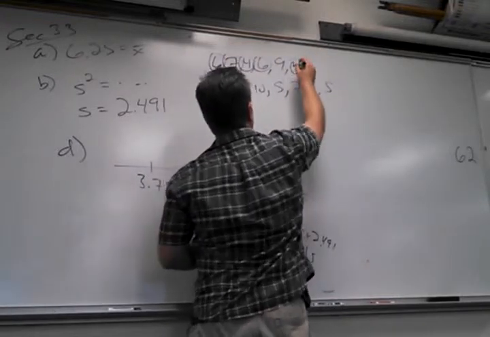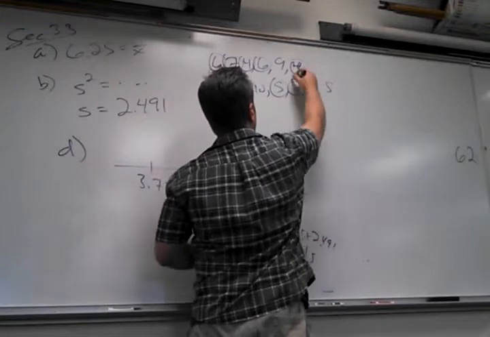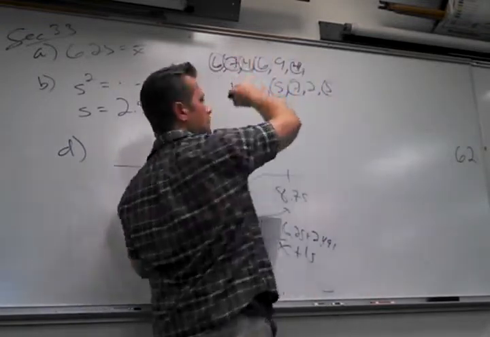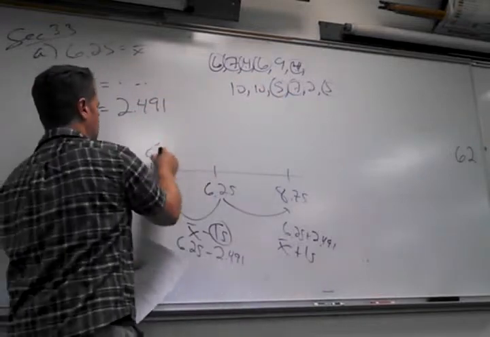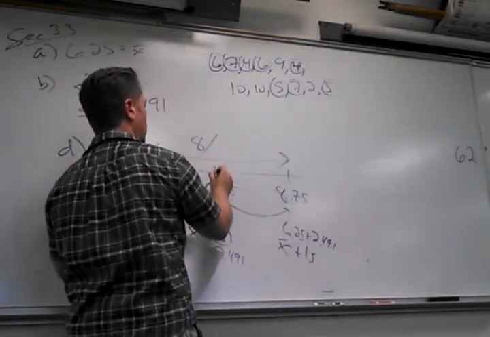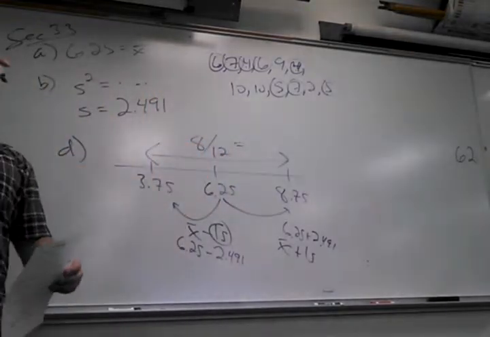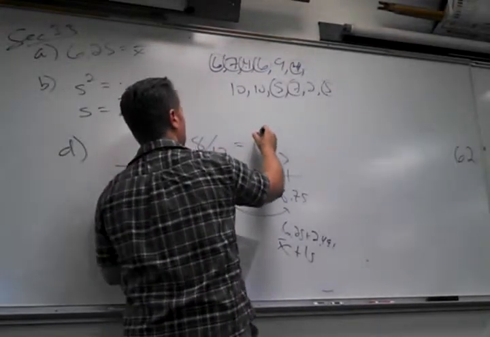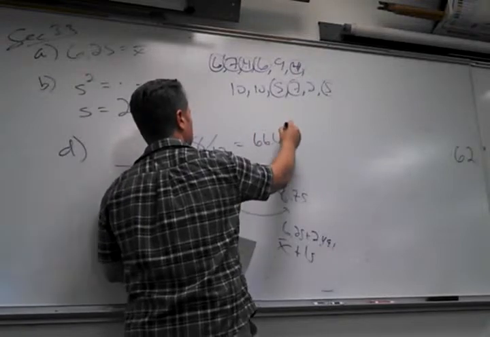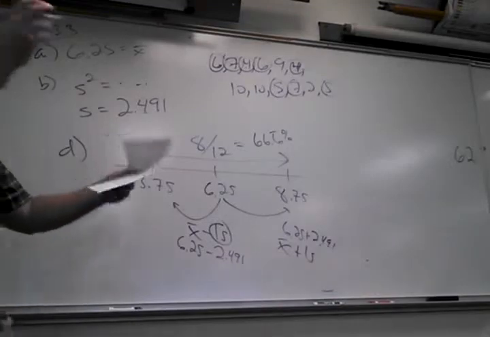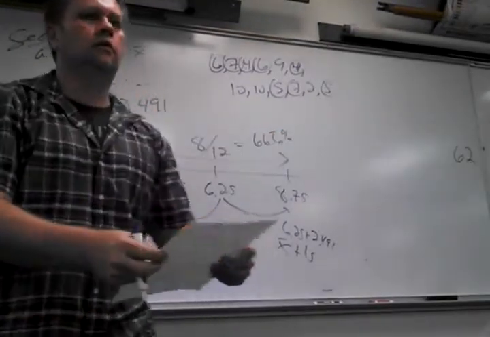That's a 4 there, right? Yeah. 4 and 8, 4 and 8, 4 and 8. So it's 1, 2, 3, 4, 5, 6, 7, 8. 8 data points are in here, out of how many? 12. Out of 12, what percentage is that? 66.6, repeating. So that's interesting.